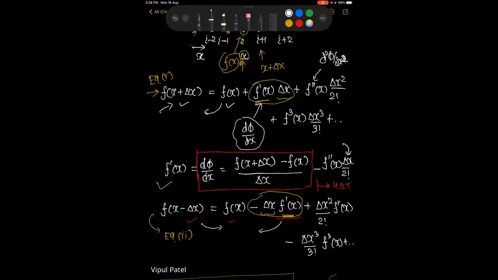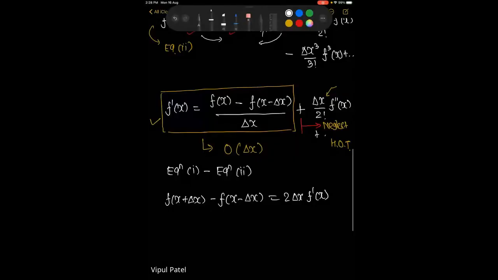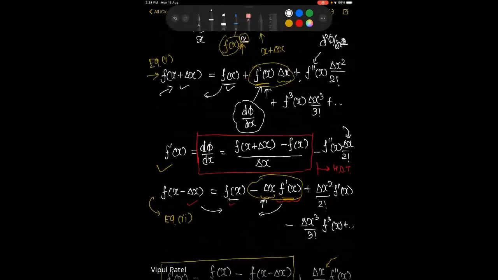I can see that this particular term and this particular term will be cancelled out, right? Because we are actually subtracting this equation. Whereas the second term, these two terms will add up. Okay, and similarly if I see the next term, so here this particular term is positive, and because we are subtracting, these two terms will be cancelled out, right?